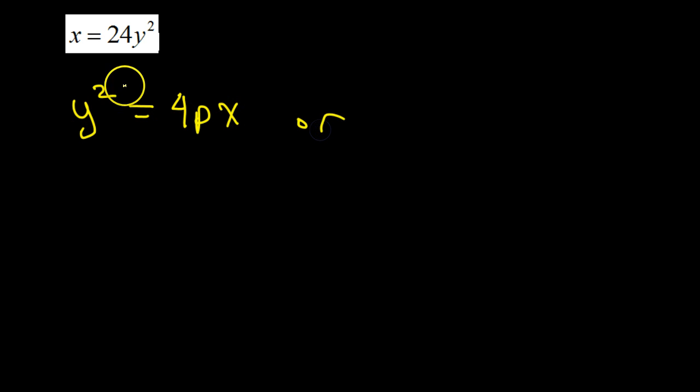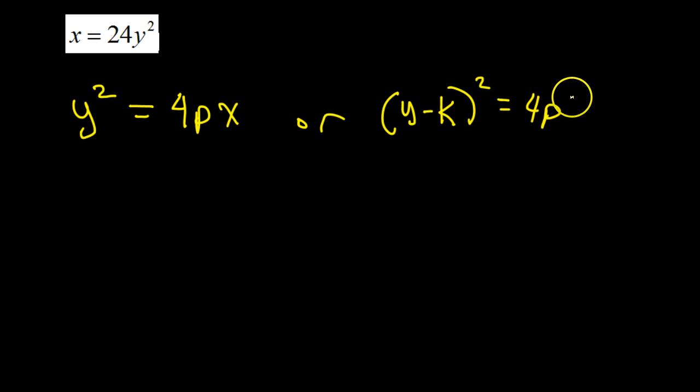Or if the vertex is not 0, comma 0, then we have y minus k squared is equal to 4p times x minus h. Either way, the 4p, we usually do not put it with the thing that is being squared. It's on the other side. It's on the unsquared side. So this 24 is in the wrong place.